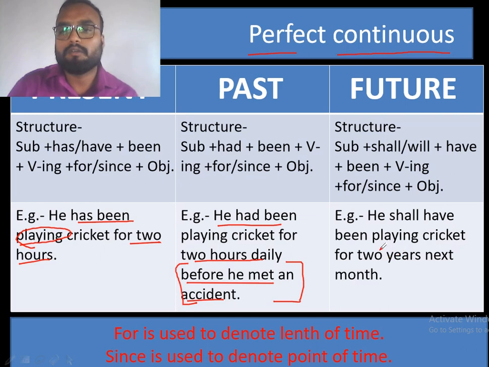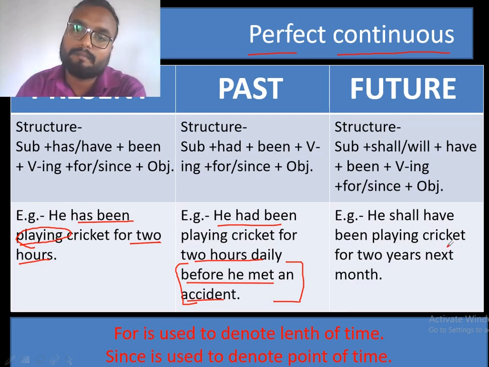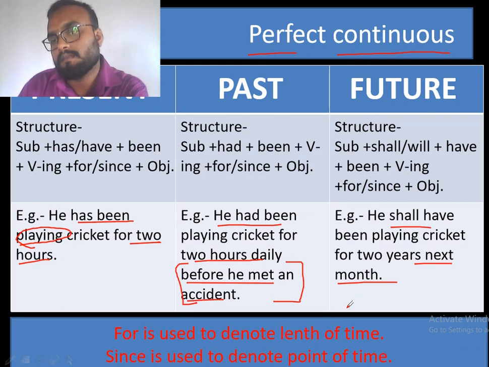Now coming to the third example, that is of future. He shall have been playing cricket for 2 years next month. So shall or will indicates future. Again, next month again indicates a time of future.